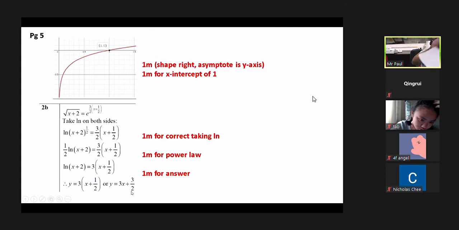3 marks there. Okay, what's the common mistake? I think this question was well done. Of course, your method can be different. I know some of you got rid of the square root. How did you get rid of the square root? You squared both sides, and if you do it correctly, you will still get the same answer.